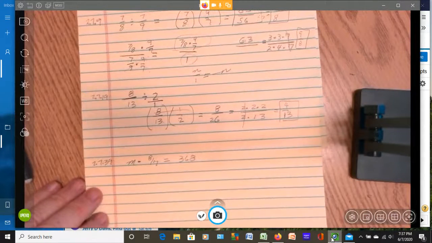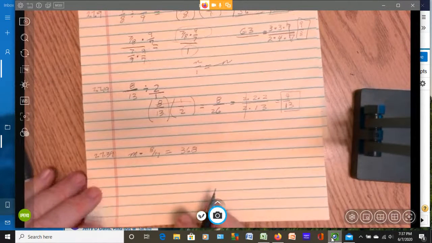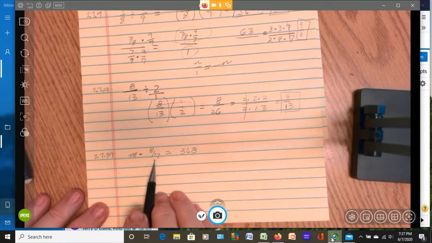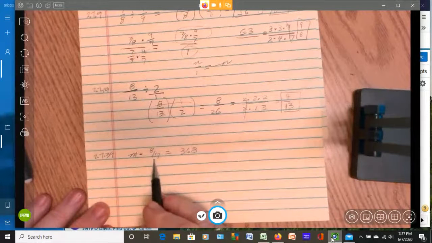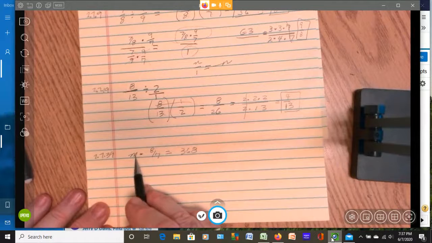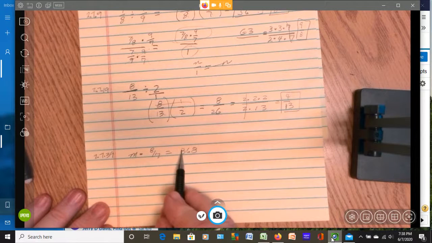Okay, now you tell me. If this were 1 times m, then 1 times m would say that m is 368.